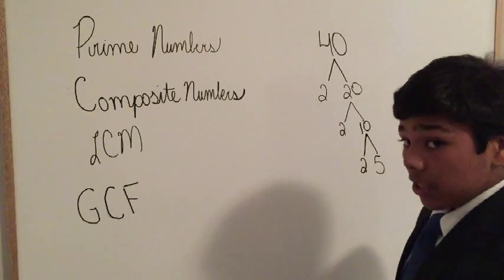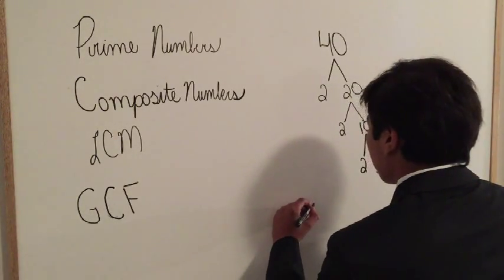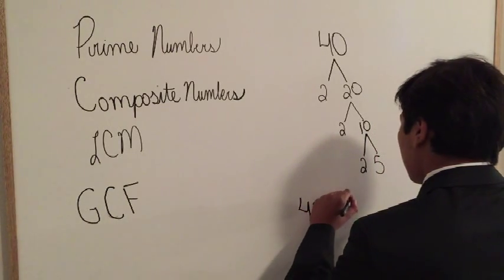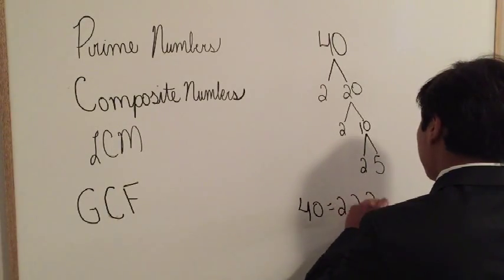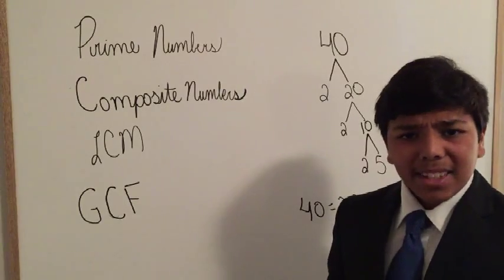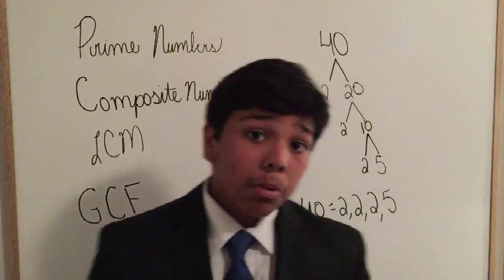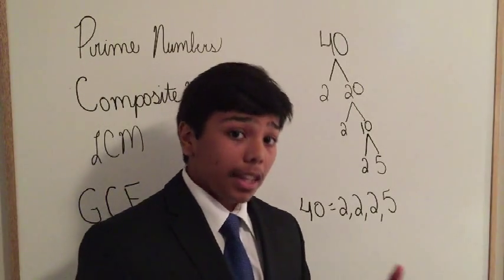So we can write it this way. The prime numbers of 40 are 2, 2, one more 2, and a 5. So as I said earlier, we can check our work by multiplying all the prime numbers of 40 together and see whether or not they equal 40.